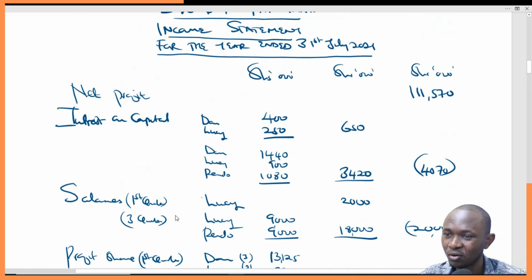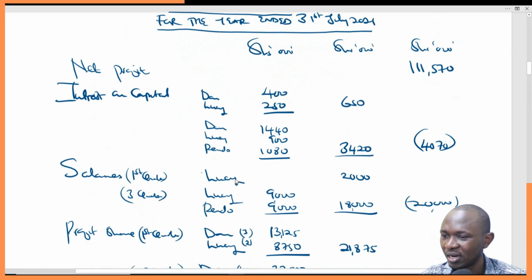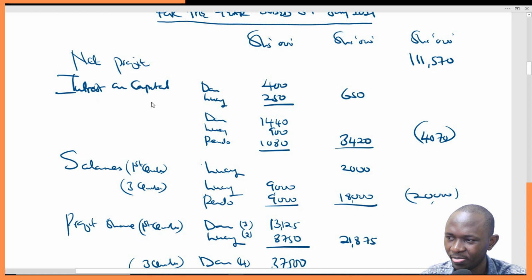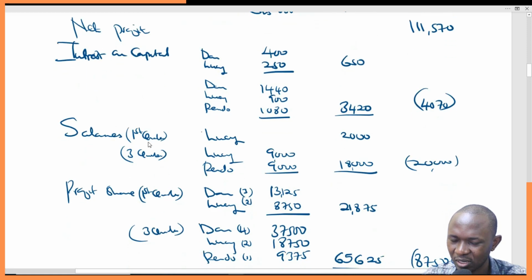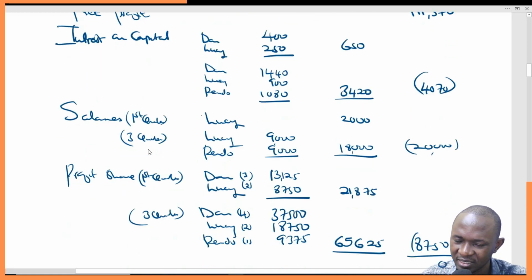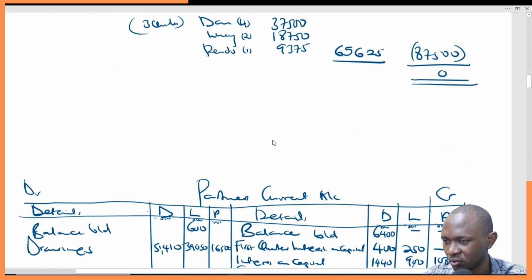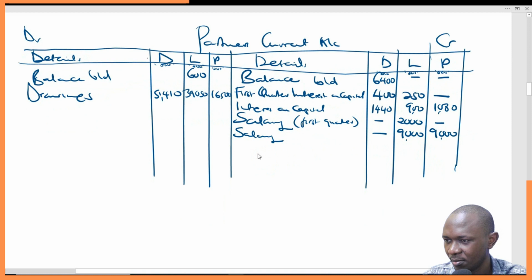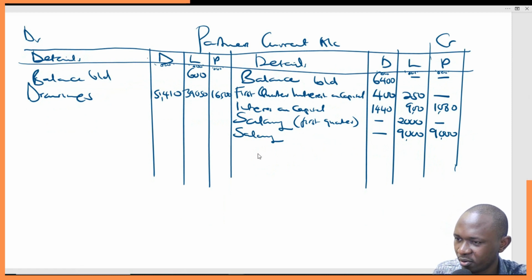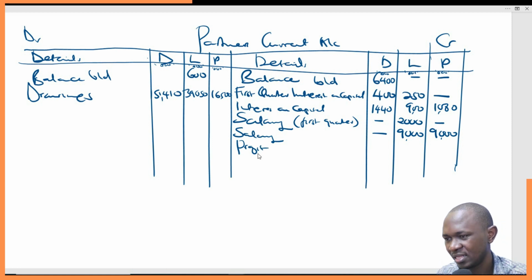And this completes our appropriation account. You can see we've deducted the interest on capital because it has gone to the partners, salaries we have paid the partners, and profits we have distributed as follows to the partners. So when we come here, we simply say profit distribution, because it increases their wealth.